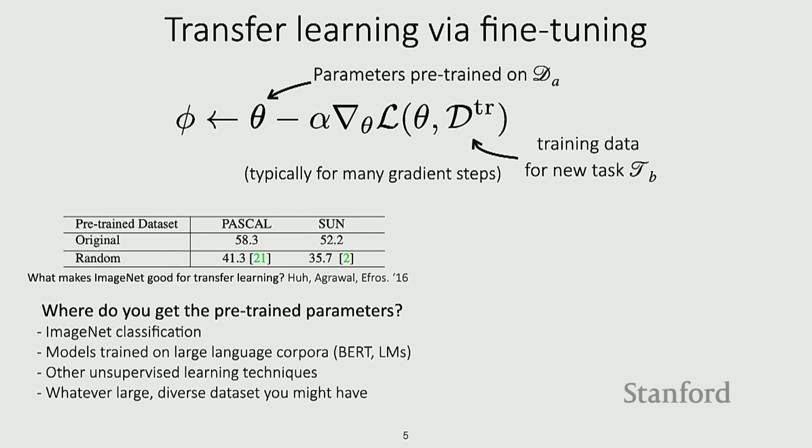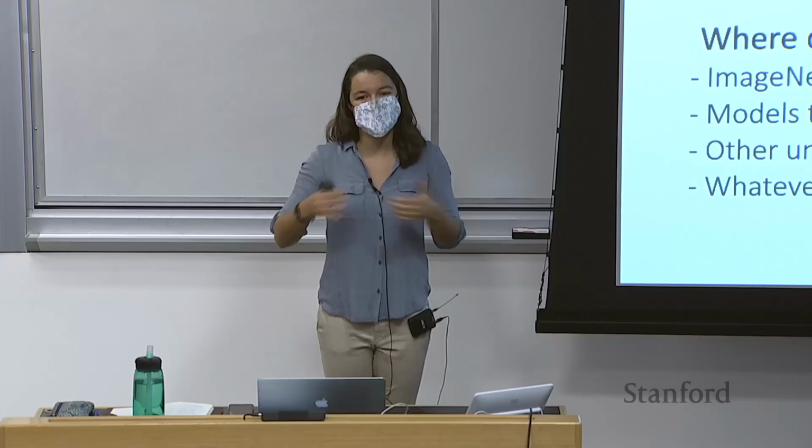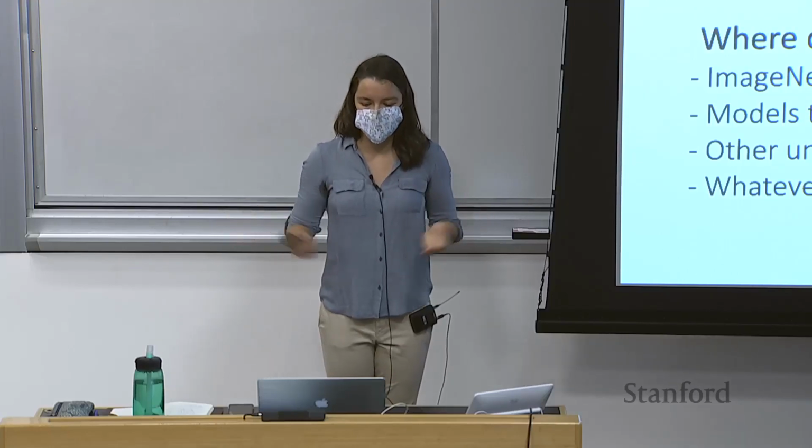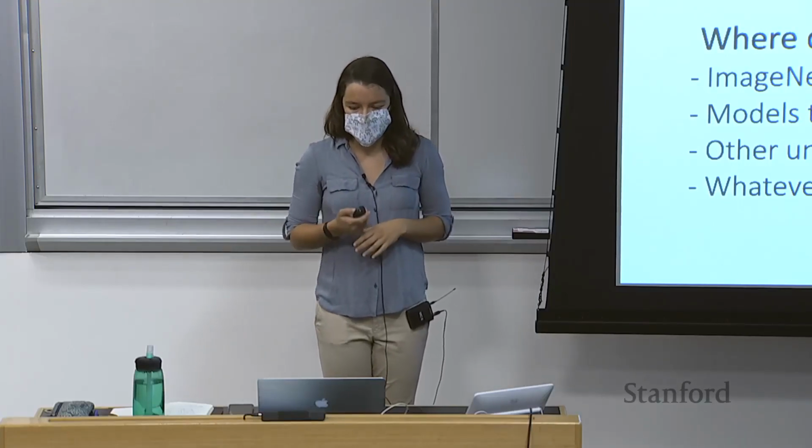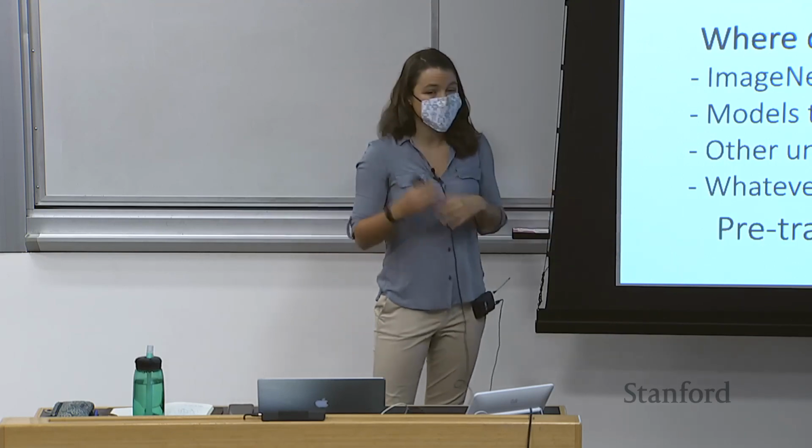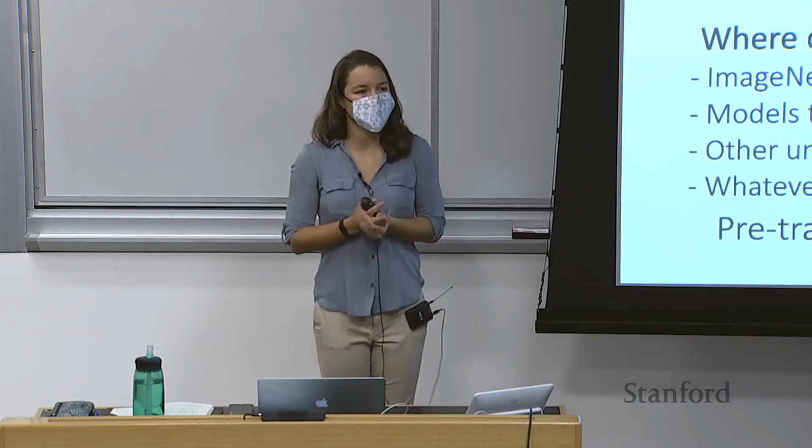And one of the things that's really nice about this technique is you don't even have to actually store the source data set anywhere. In many cases, you can just go and download a pre-trained model from the internet and run fine-tuning from there. So these kinds of pre-trained models are often available online, and they're reusable for many different target tasks.